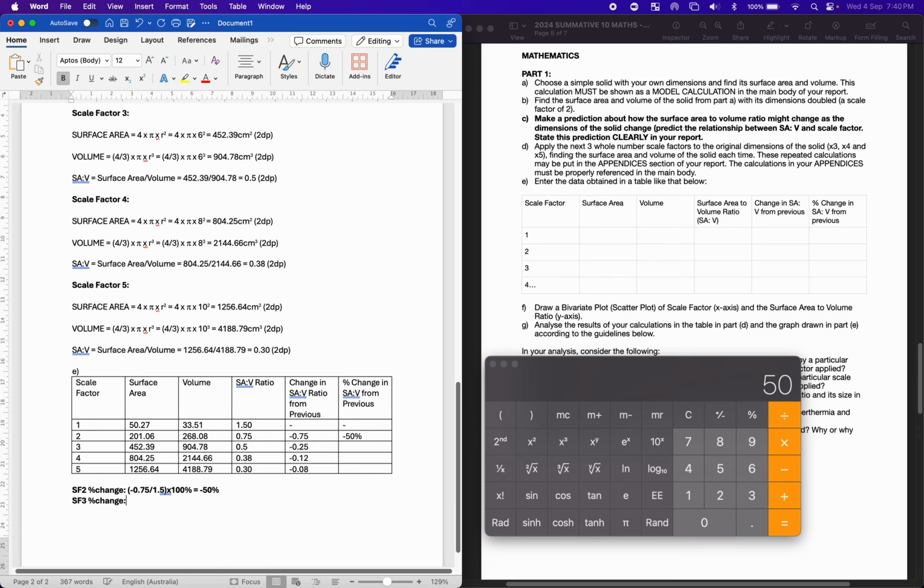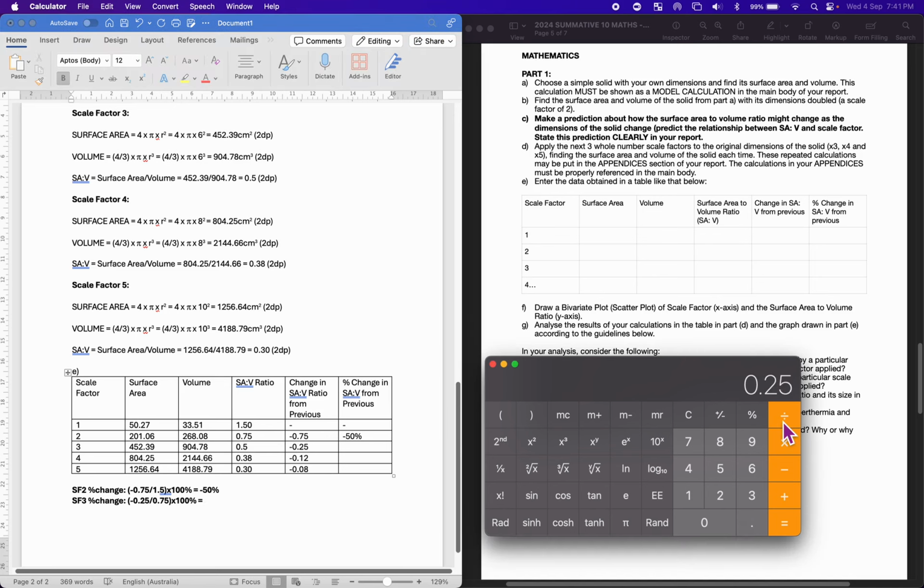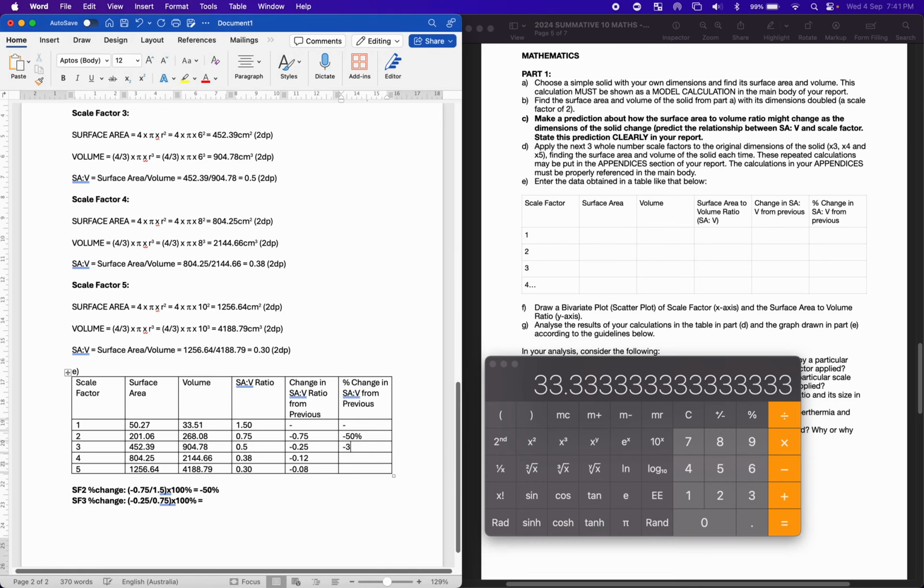SF3 percent change. That's going to be negative 0.25 divided by the number up left of it, which is 0.75, times by 100%. 0.25 divided by 0.75 times by 100. It's going to be a negative 33.33% change. That's to 2 decimal points.